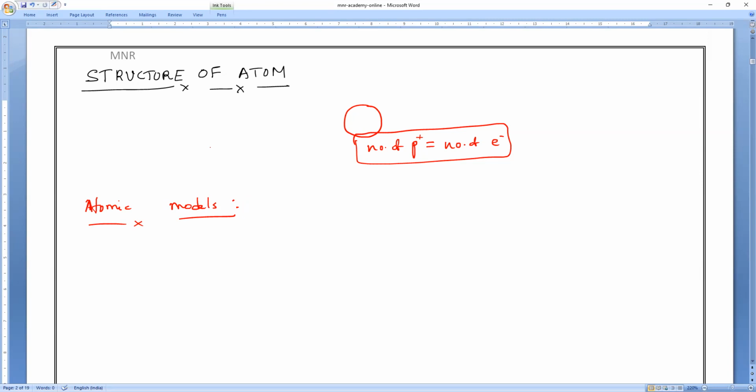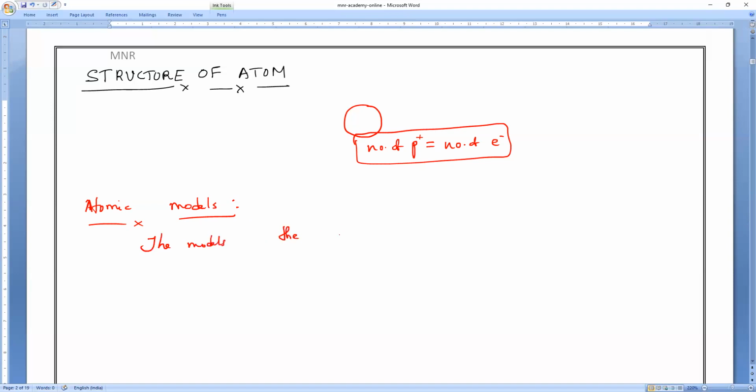It just describes the arrangement of electrons and protons. If you are suggesting some model, and it is valid, we will consider it. If not valid, we will say it is wrong.